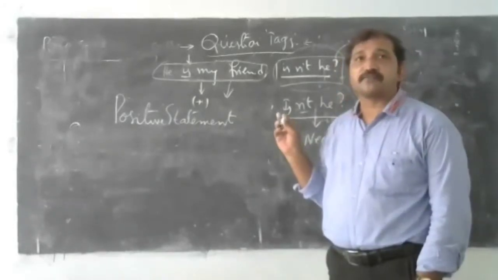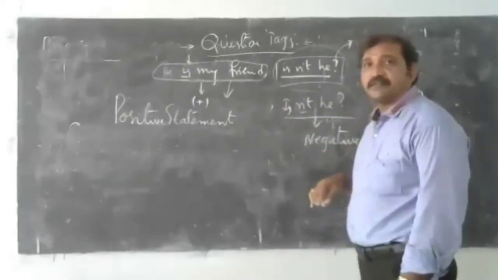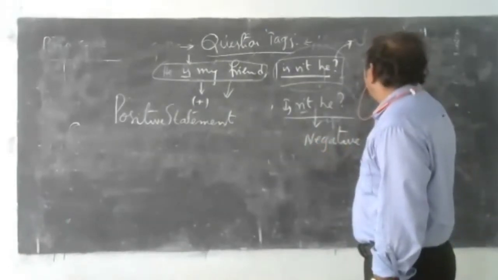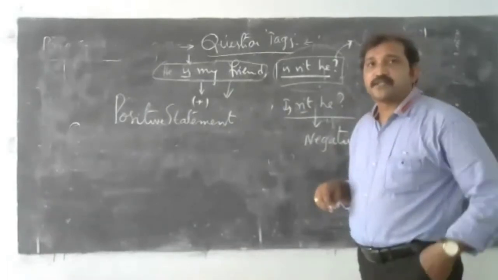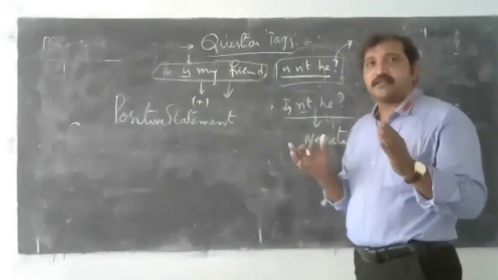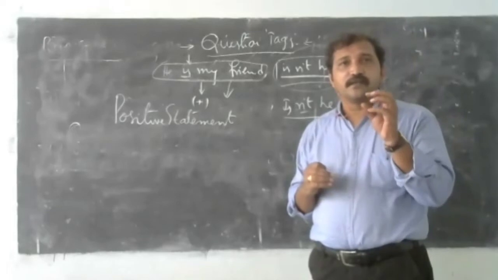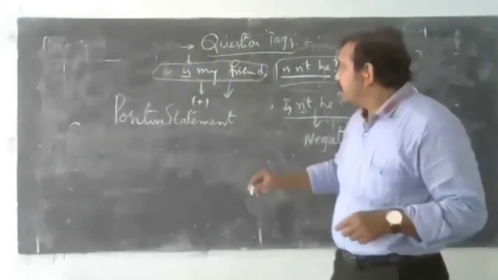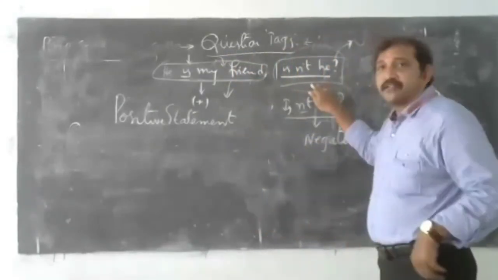Please don't ignore it. Of course, while writing, we can't make sound. Due to that reason, some students generally forget to make the question. So whenever you speak a question tag, make an intonation while speaking the question. There must be a difference between speaking the statement and the question tag.